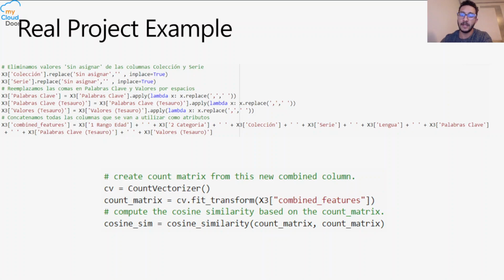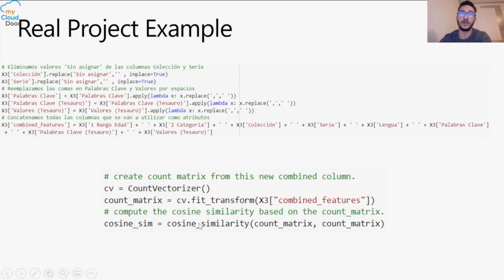Okay, and then create the count matrix by introducing the combined features we just created into the count vectorizer. The vectorizer we will be using is a count vectorizer as we can see here, and we calculate the similarity score using scikit-learn built-in feature named cosine similarity.